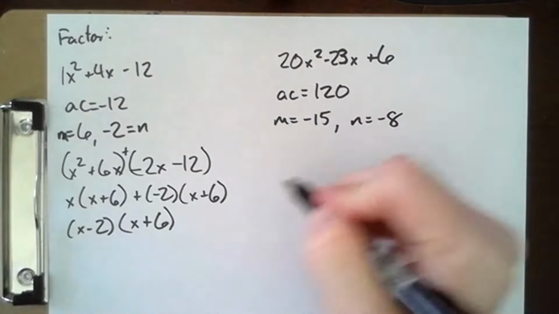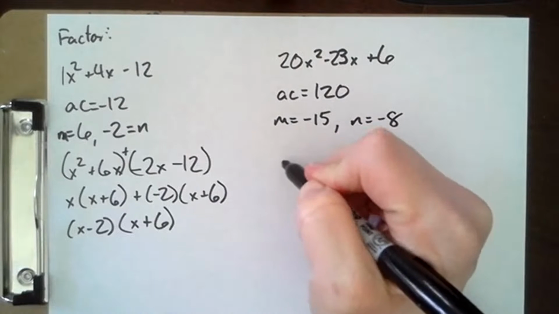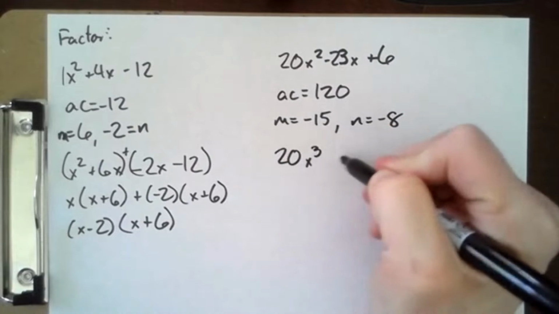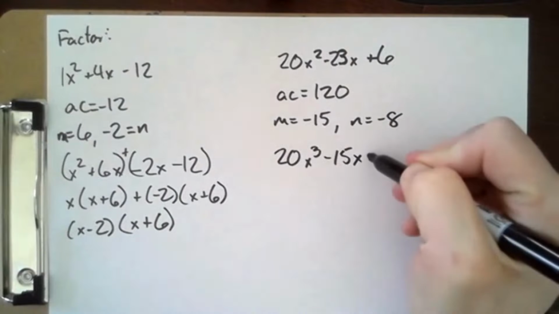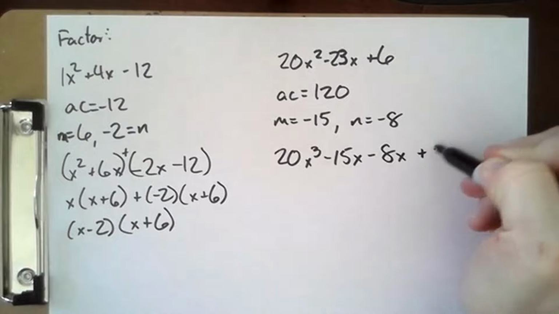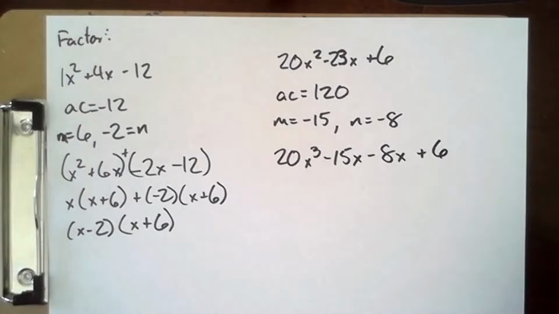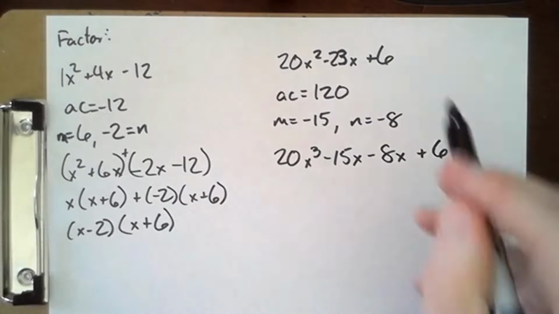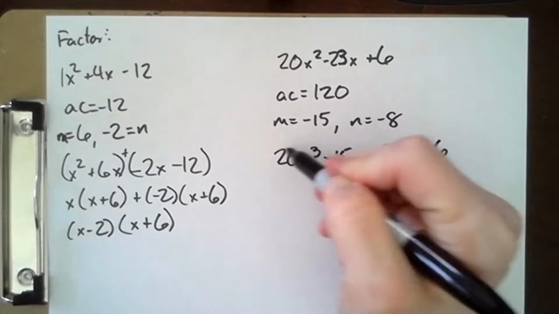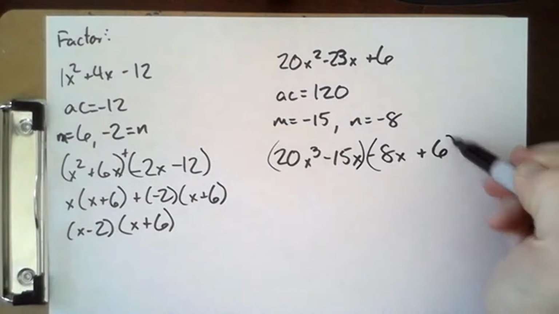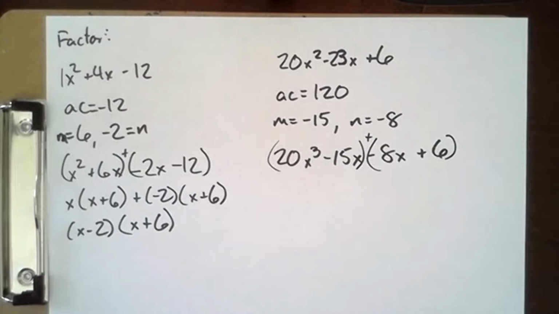Okay, so now we can rewrite this as 20x squared minus 15x minus 8x plus 6. And we can put these in parentheses, and we've got our little plus sign there to remember that all this is being added, not multiplied.